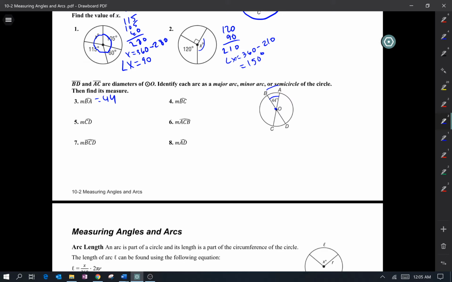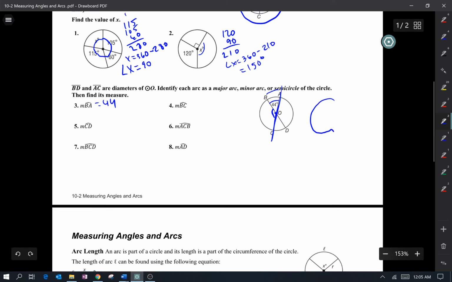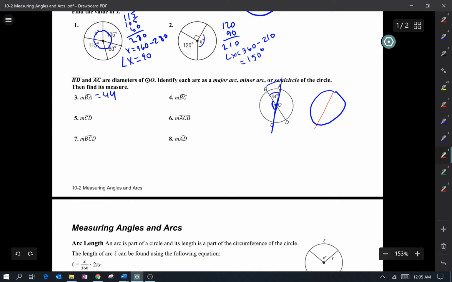All right, what about this one? Okay, now this is tricky. They really like to do this to you. They like to hide information. What you have to notice is that AC is a diameter. If something's a diameter, then you know this arc is 180 degrees, and you know this angle is 180 degrees.